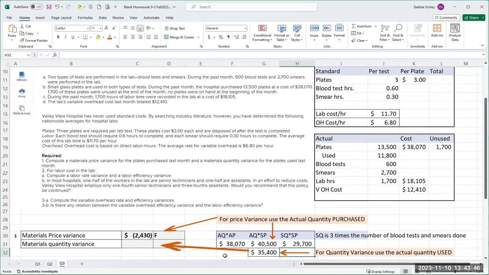Okay, now when I do the materials quantity variance, it's going to be this middle one minus the standard quantity, standard price. And that is, let's see, this is my standard. This is actual. Actual is more than standard. And so that is, whoops, that arrow's in the way.